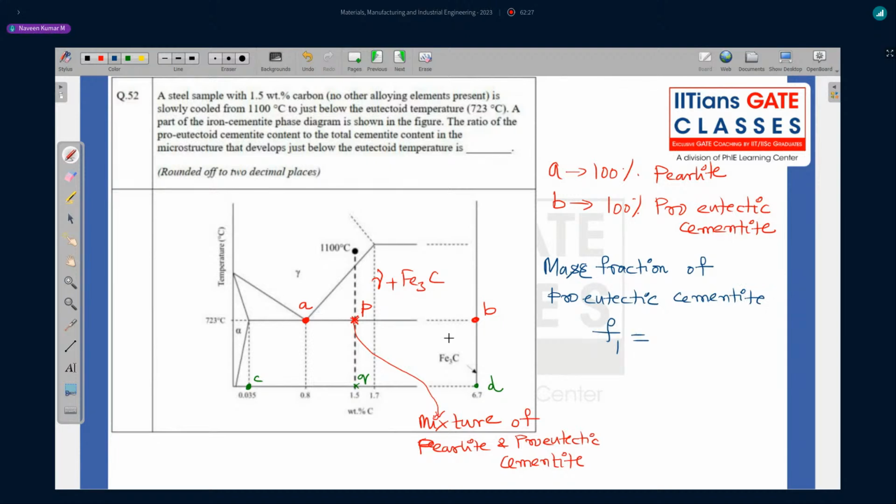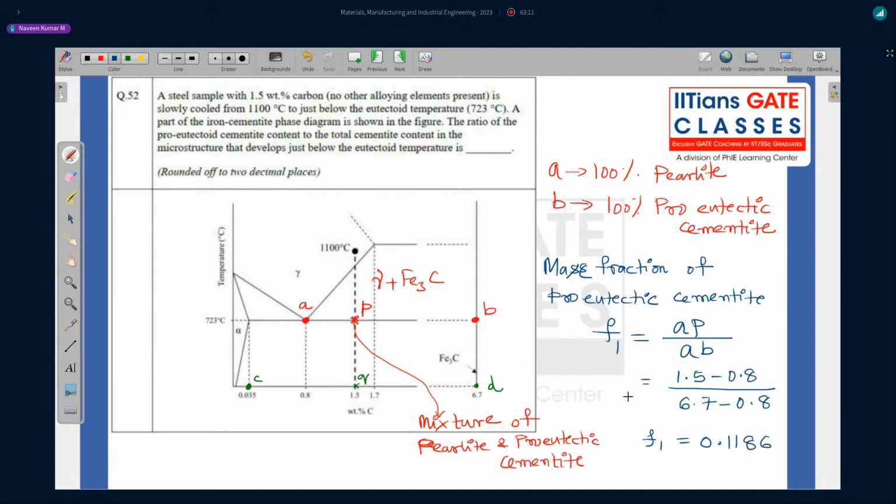F1 is equal to AP divided by AB. So what is AP? AP is 1.5 minus 0.8, since it is 1.5 percent carbon. AB is 6.7 minus 0.8. So this F1, the mass fraction, will be approximately, according to my calculation, 0.1186, something like that.